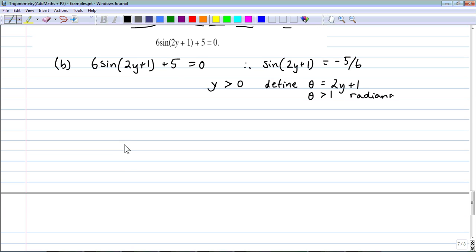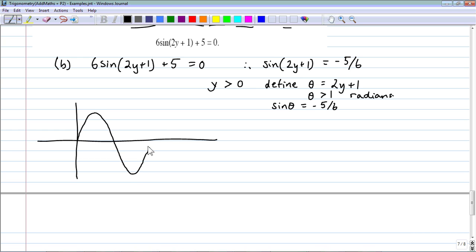So it follows that what we're doing is, again, if I sketch roughly a graph, I should mention, of course, this means that sine theta is equal to minus 5 over 6. So let's draw reasonably carefully, if we can, a sketch of sine theta.